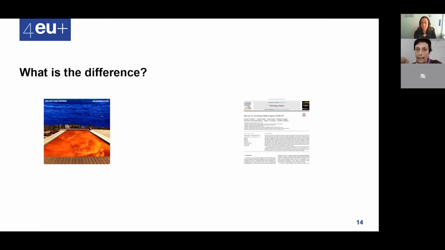They don't gain from the publication of the article. But the CD of Red Hot Chili Peppers and the scientific work are protected in the same way and by the same law, and that is the copyright law.